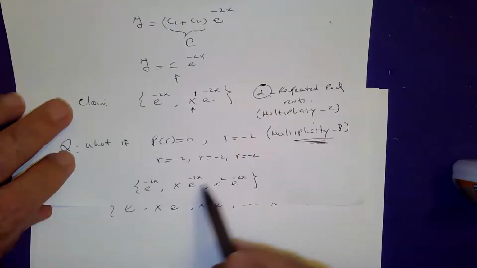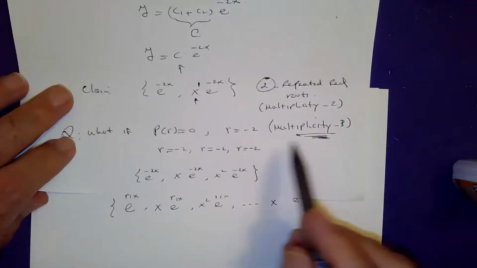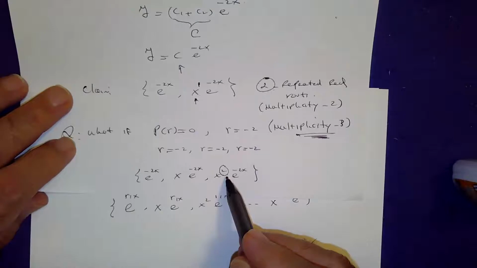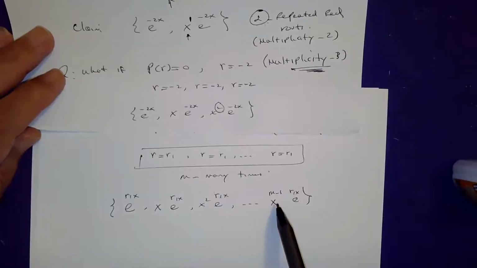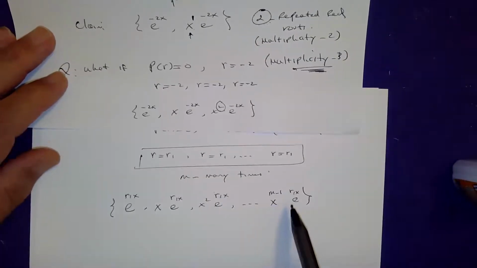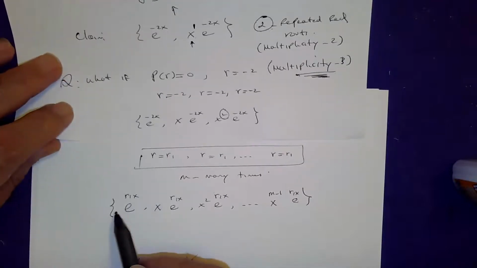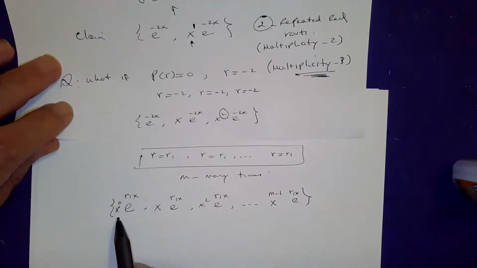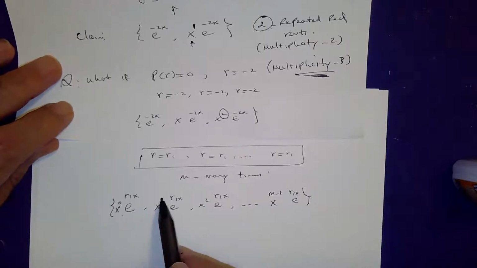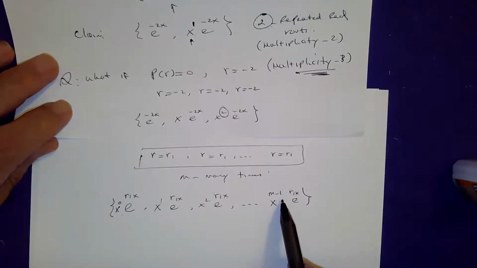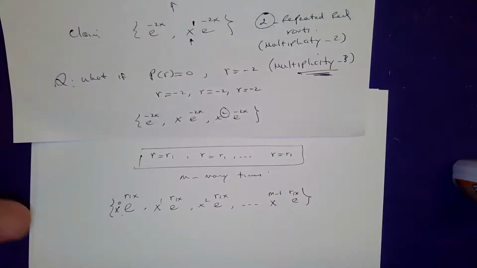When you have 3 repeated roots, you stopped at x squared. So this has to be m minus 1. You know why, don't you? Because the first one right here is x to the 0. So you go 0, 1, all the way to m minus 1, not m.